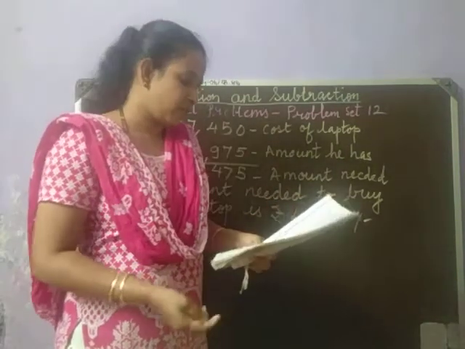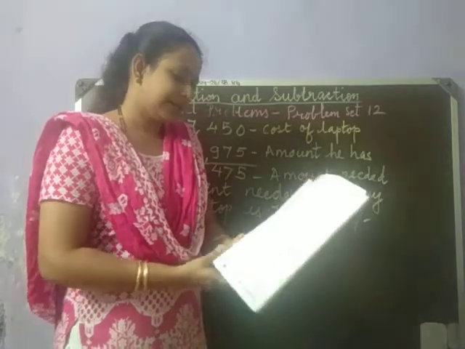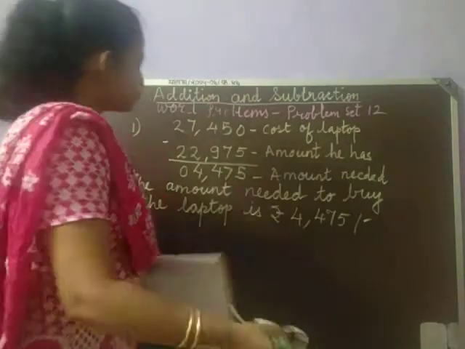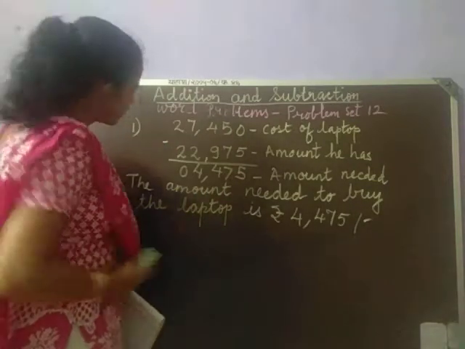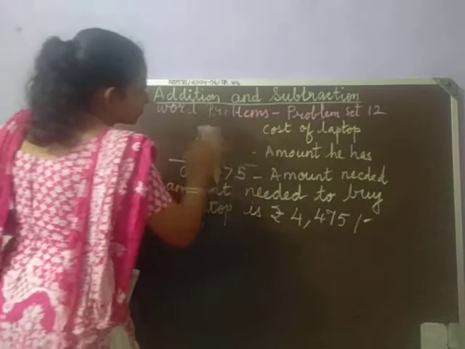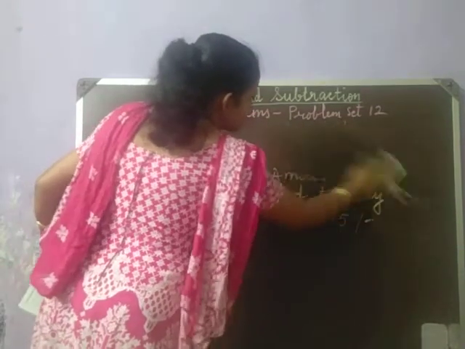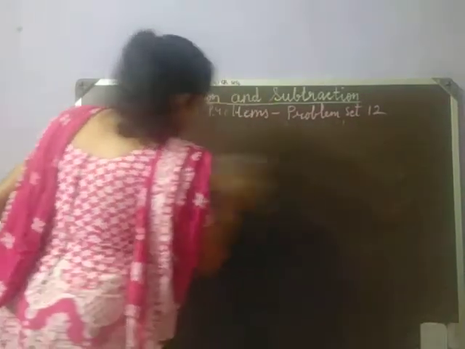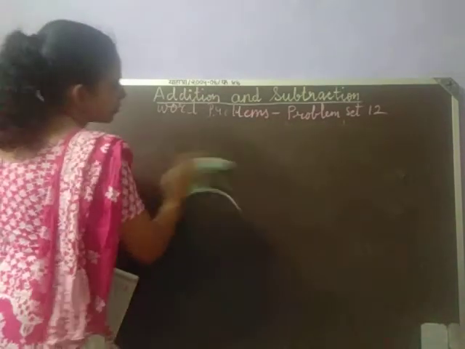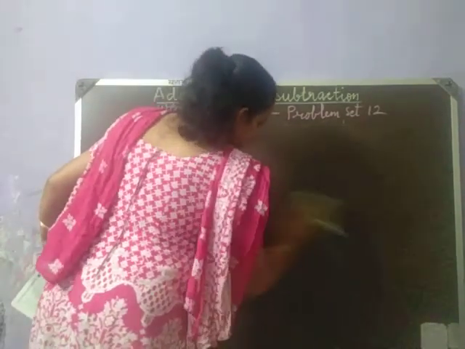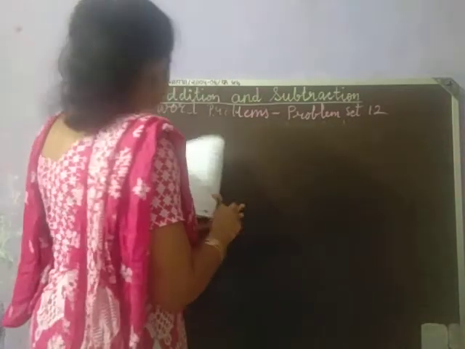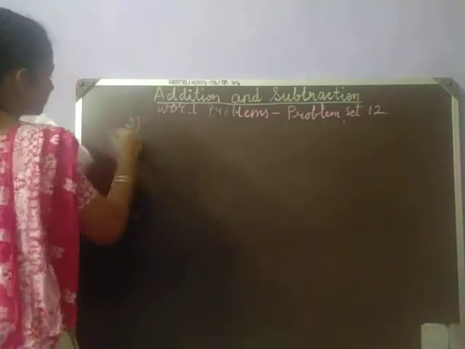Now again we will go for the next question, that is word problem number 2. Fine. So I hope you have understood this problem. Let us go for the second one now.